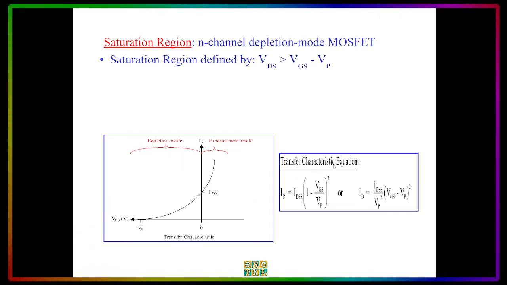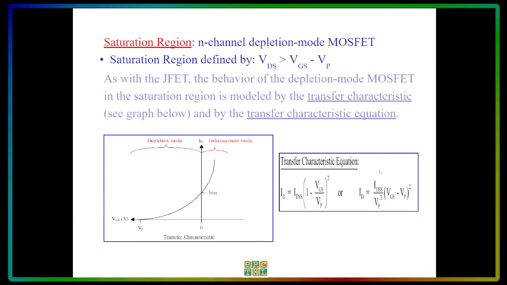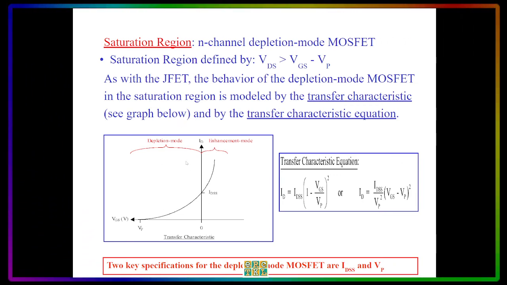And the transfer characteristic equation is ID equal to IDSS multiplied by 1 minus VGS over VP, to the second power, or ID is equal to IDSS divided by VP to the second power multiplied by VGS minus VP to the second power. Now, as with the JFET, the behavior of the depletion mode MOSFET in the saturation region is modeled by the transfer characteristic as given in this graph, and by the transfer characteristic equation.